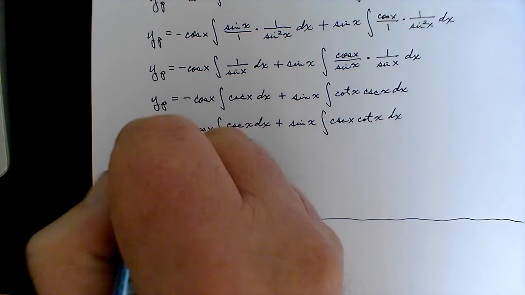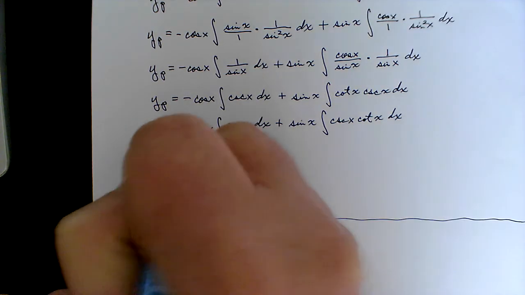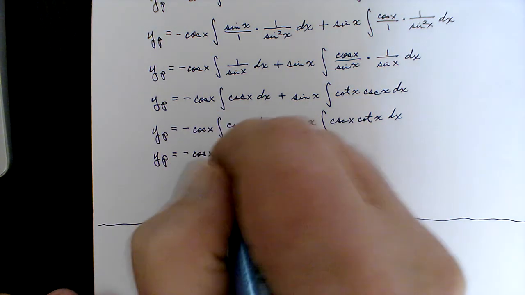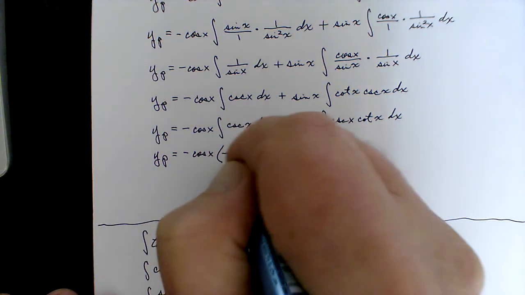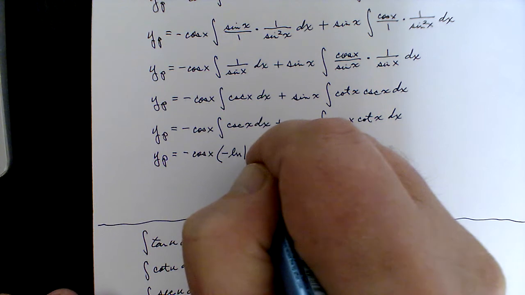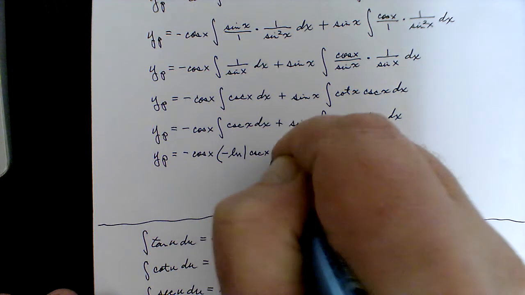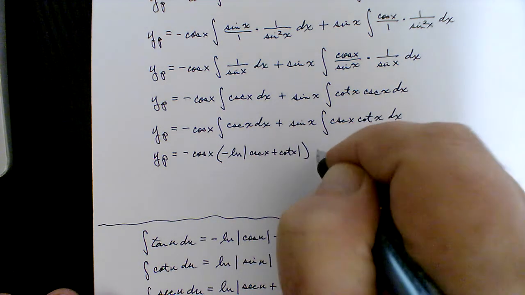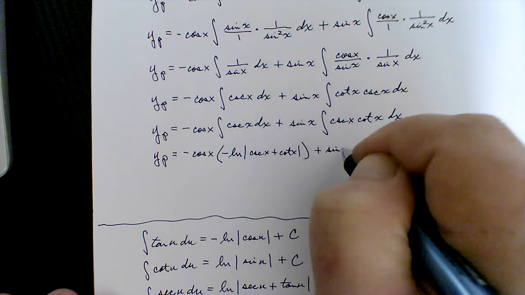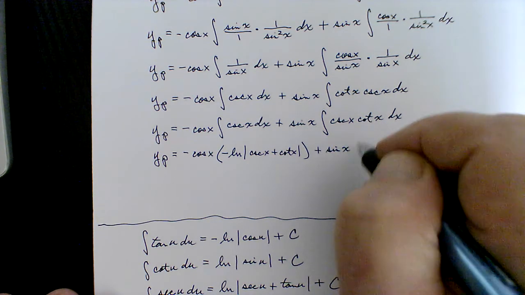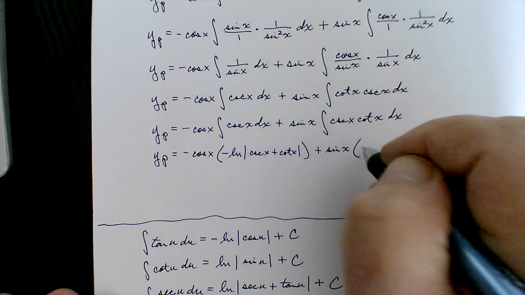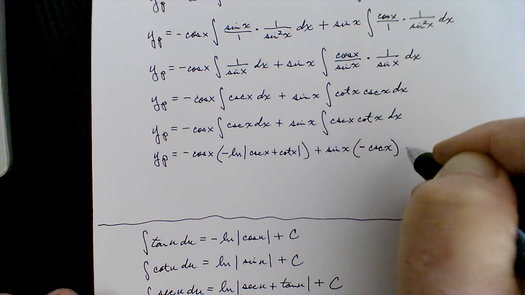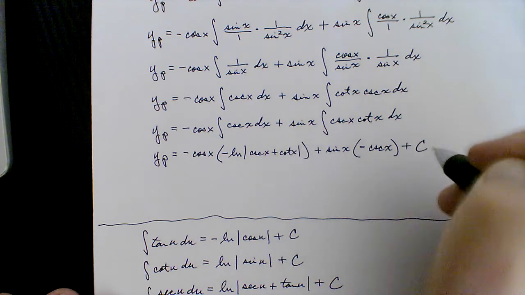So finishing this up, y sub p would be negative cosine x, and cosecant integrates to be minus natural log absolute value cosecant x plus cotangent x, and then we have plus the sine of x times integrating cosecant cotangent, that's minus cosecant x, and then plus our constant.